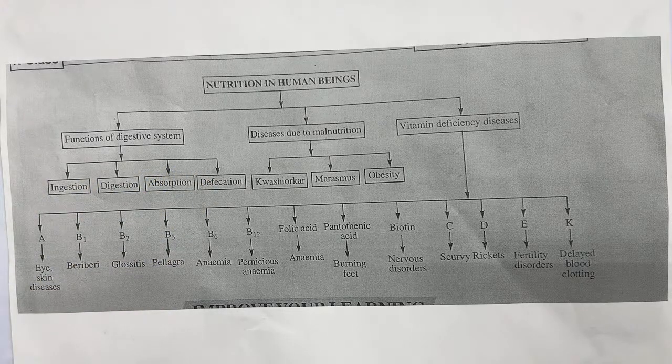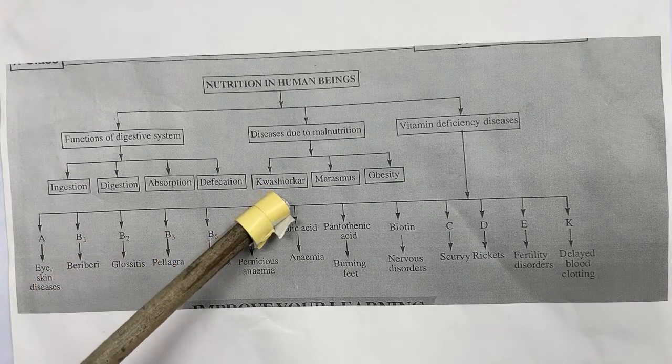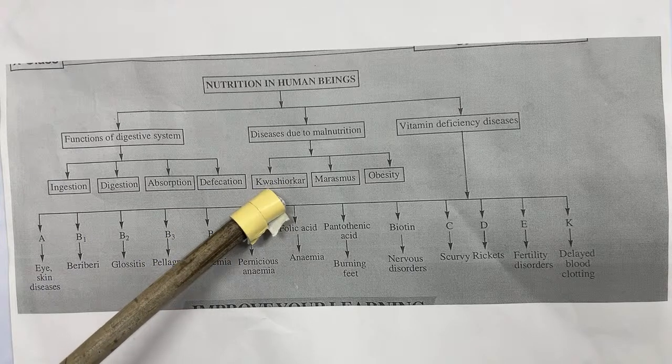Whenever children get kwashiorkor, a lot of water accumulates in the body. The people look completely fluffy, which is very bad for us. On that occasion, muscles are very poorly developed, with swollen legs, and so on. This is kwashiorkor, deficiency of proteins.